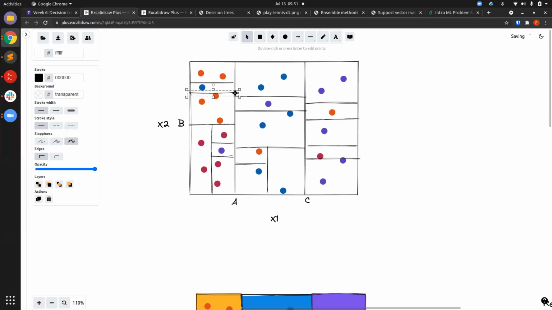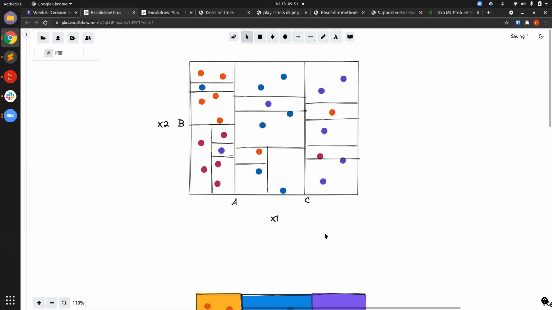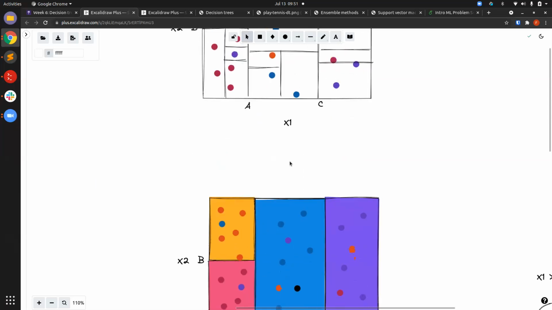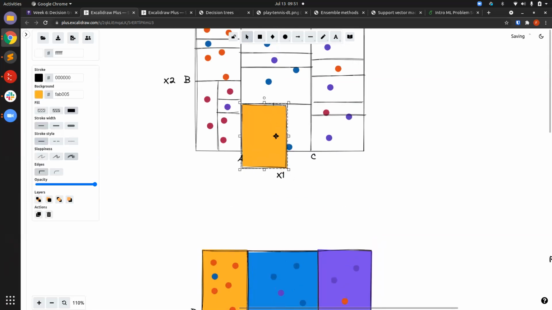So you could end up with a tree that has 0 training error by letting it grow very, very deep. But if you do that, you can see your learned decision regions are very subject to the noise in the training data.